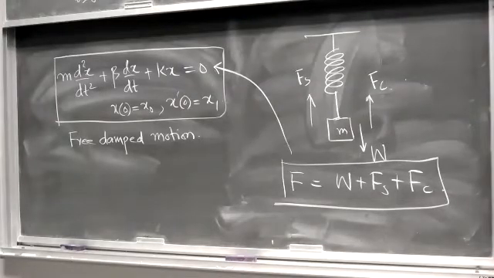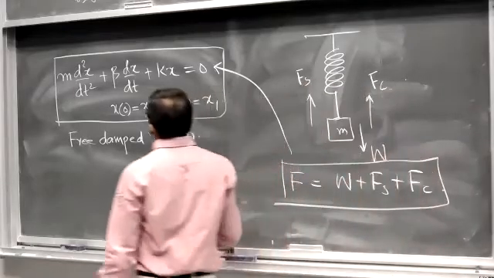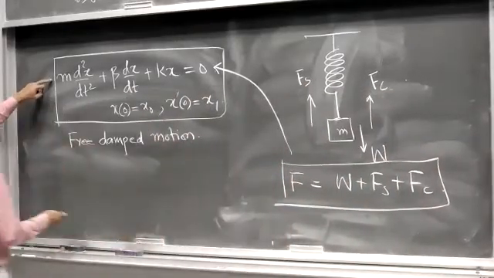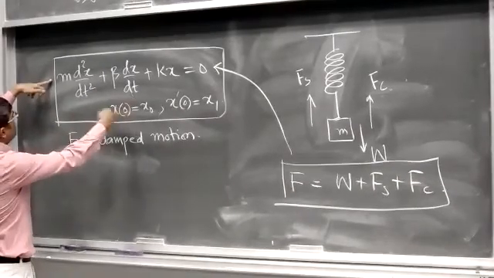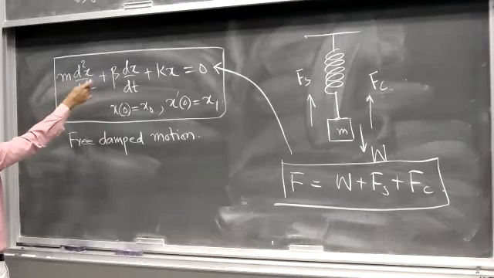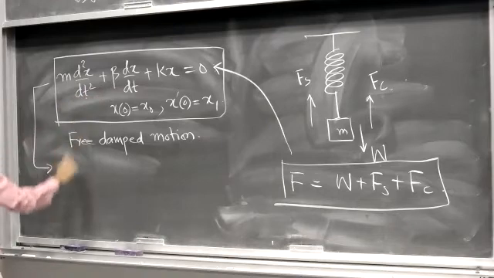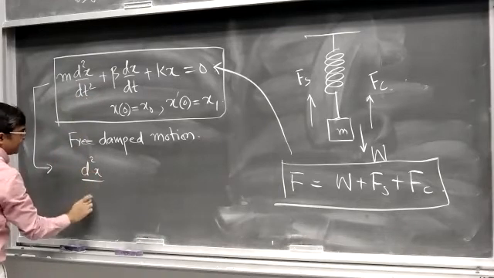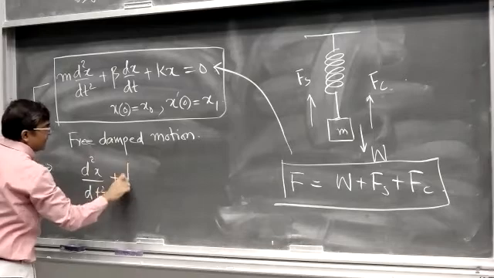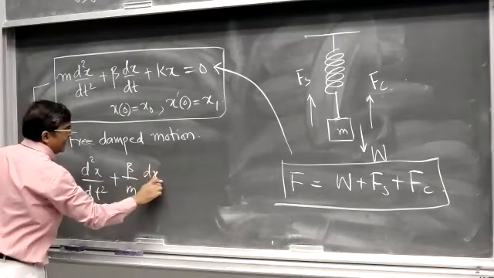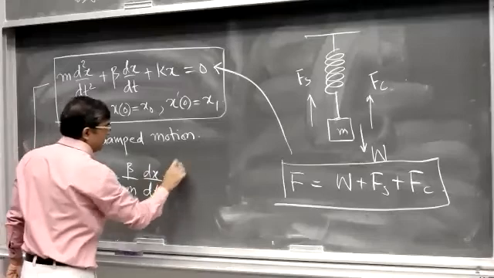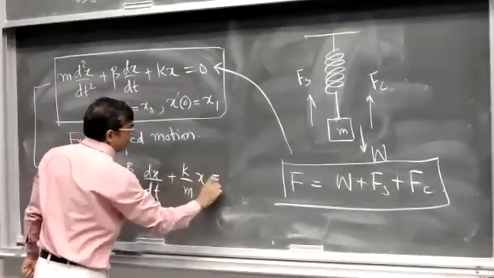For example, before discussing an example, let's discuss how to solve this kind of equation. In order to solve this differential equation, we try to simplify it. We divide this equation by m on both sides, and what do we obtain? d square x by dt square plus beta by m dx by dt plus k by m x is equal to 0.